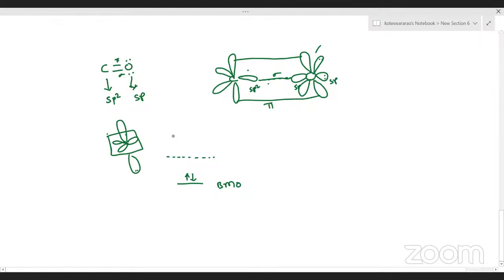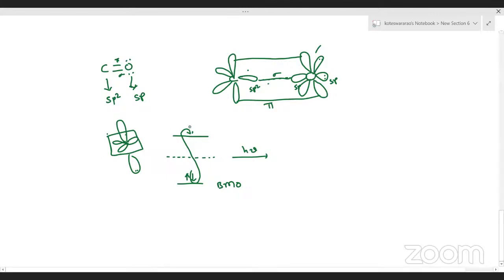Whenever we provide energy, the electron is excited from the bonding energy level to a higher energy level. During this excitation, the electron may retain its spin, that means after excitation it has the same spin as in the ground state, or it may change to the opposite spin.